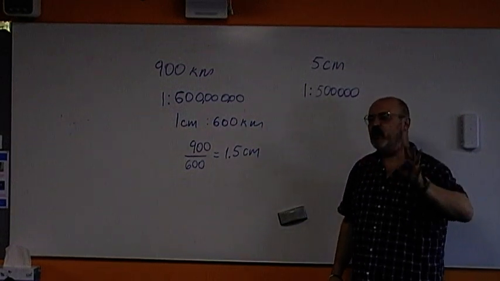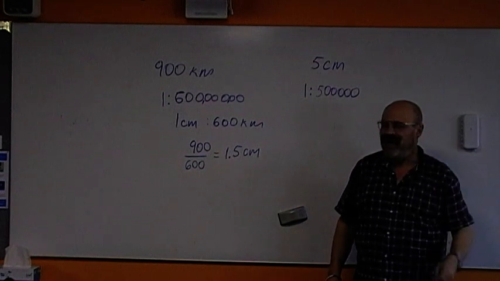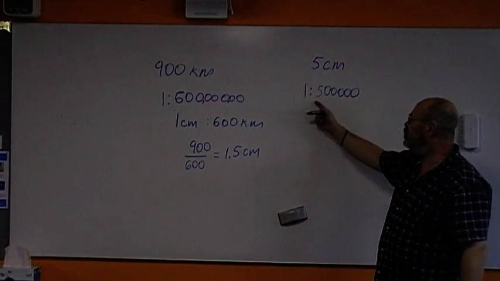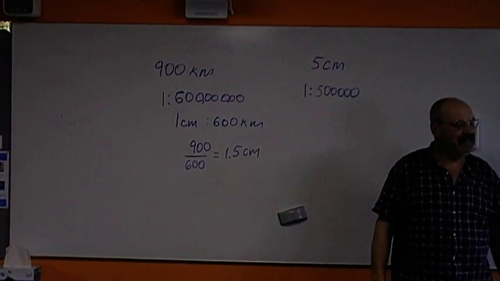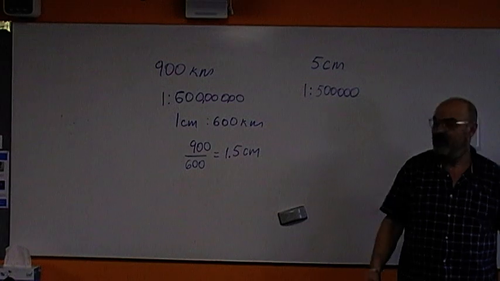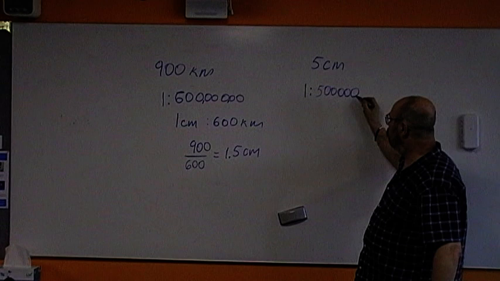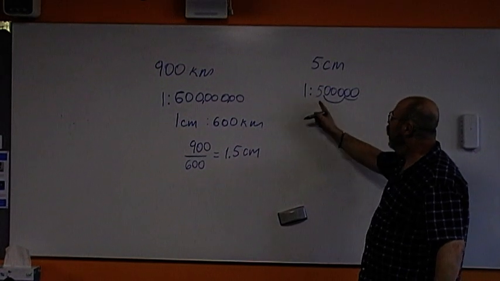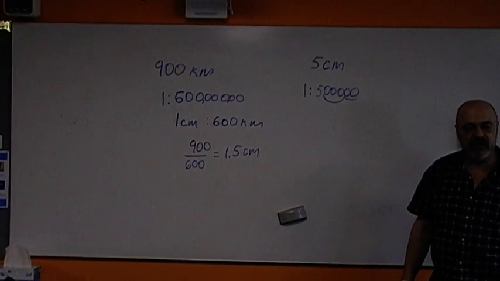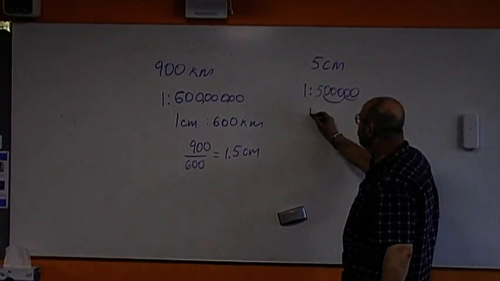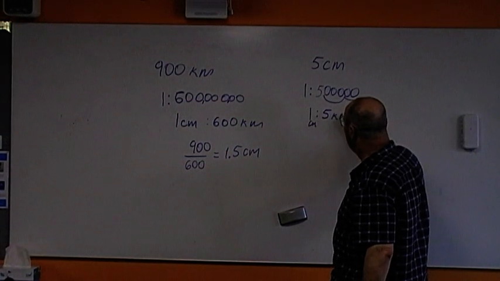No, let's say not Albury, because I don't remember the distance to Albury. From Melbourne to some city, the distance on the map is 5 centimeters, and the scale is 1 to 500,000. What is the actual distance? 25 kilometers? So we turn this into kilometers. 1 centimeter on the map represents 5 kilometers.